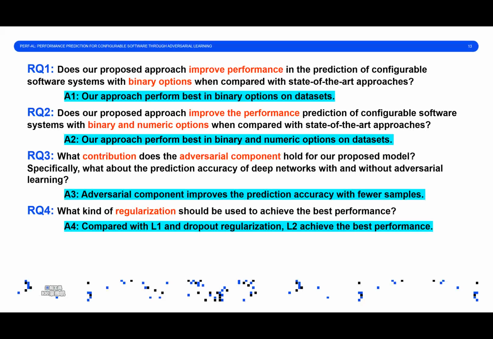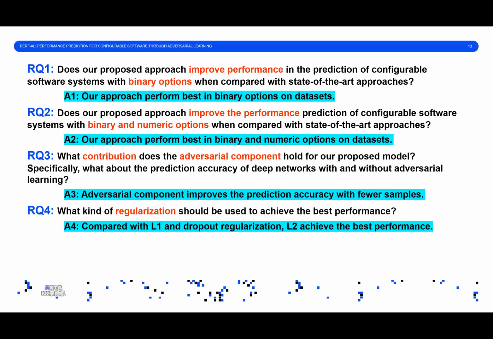And the second question is: how about binary and numeric options? The answer is our approach performs best in binary and numerical options on the datasets. The third question is: what is the contribution of the adversarial component? Specifically, what about the prediction accuracy of the deep network with or without adversarial learning?